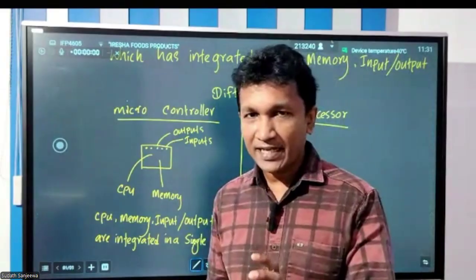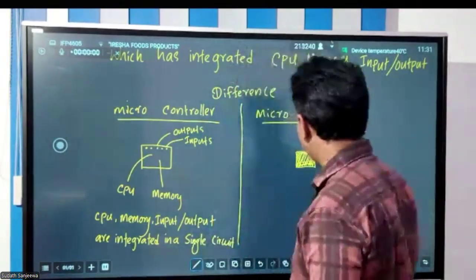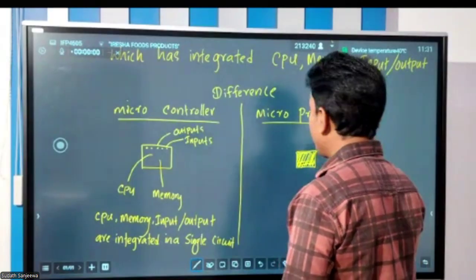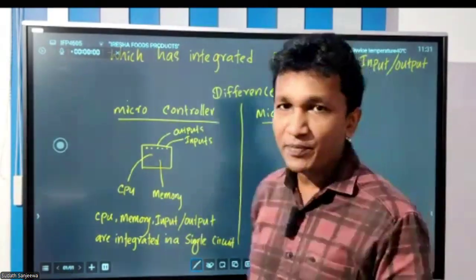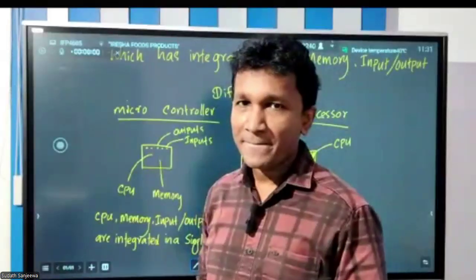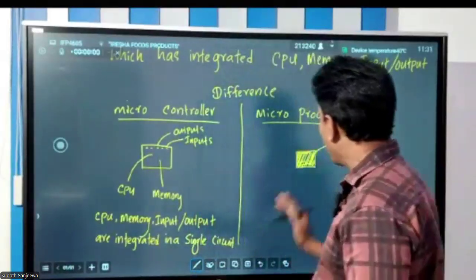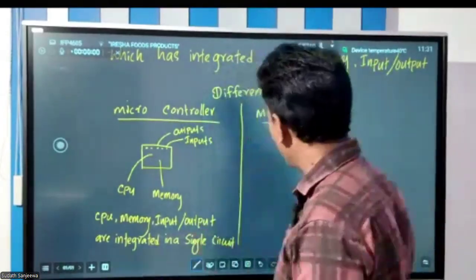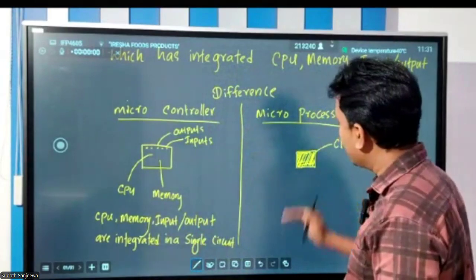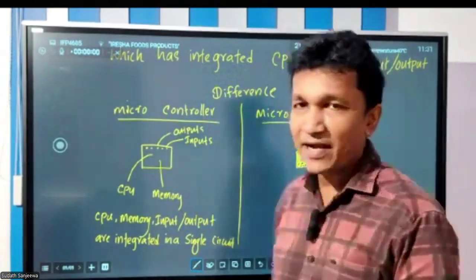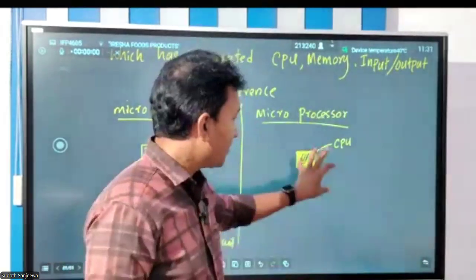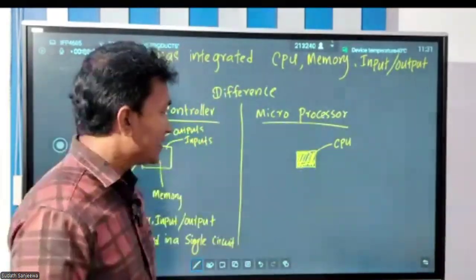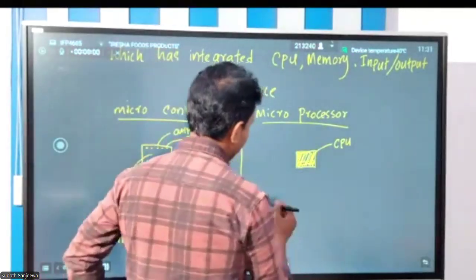A microprocessor has only a CPU. There is no input, output and memory. So if it needs input, output and memory, they have to be supplied externally. If it needs input, output or memory, they must be connected separately, externally.